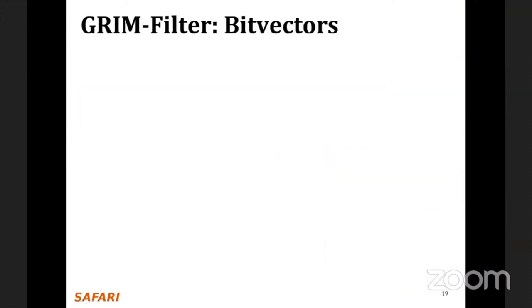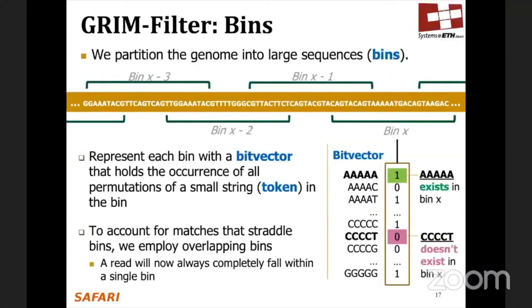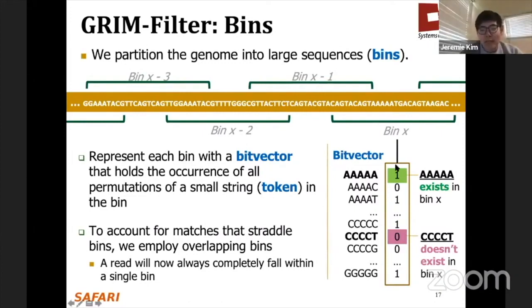Jeremy? Yes. How do we decide on the size of the bin itself and the token? Yeah, so obviously there's more information if you have less populated bit vectors, and so you can extract more information. Obviously, if the bin's too large, the bit vector will likely be all ones, and so you want to tune the bin size and the token size to have a reasonable rate of ones and zeros.